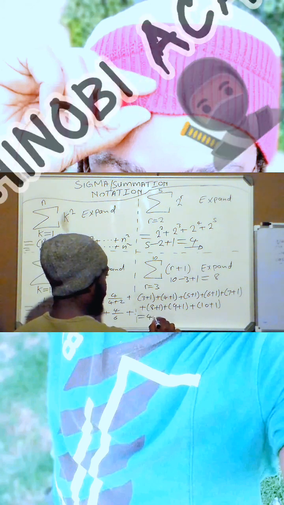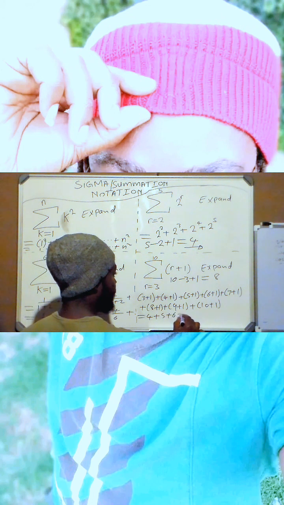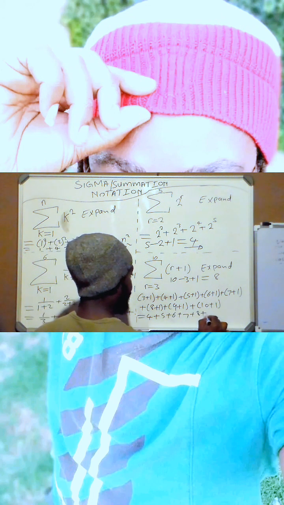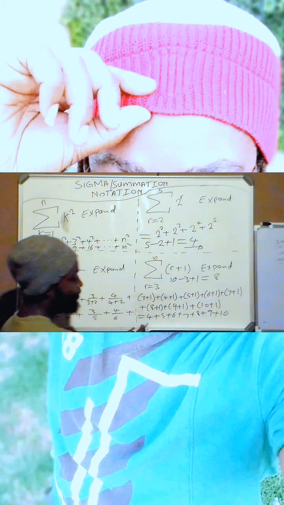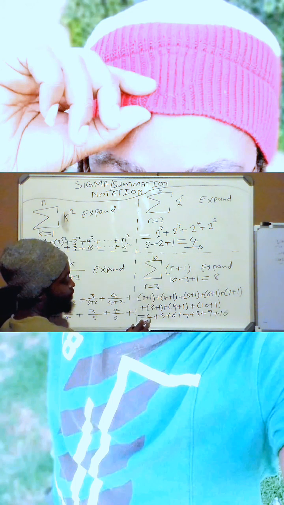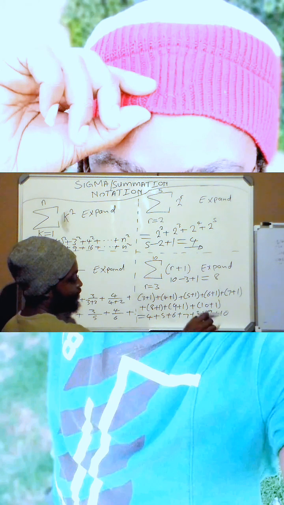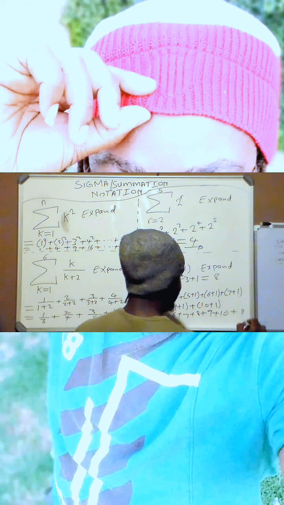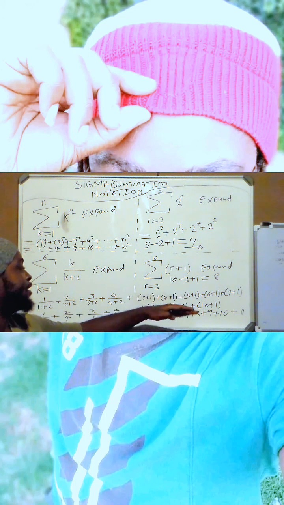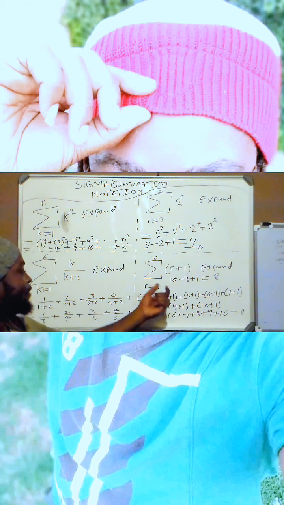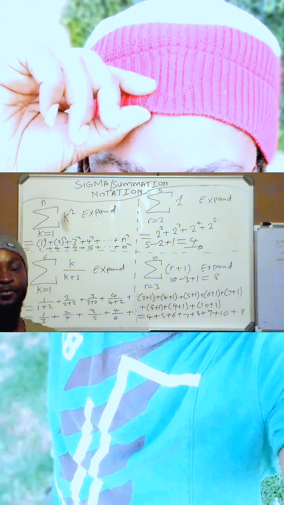This would be 4 plus 5 plus 6 plus 7 plus 8 plus 9 plus 10 plus 11. So we have summed up how many values or terms? It's 1, 2, 3, 4, 5, 6, 7. So this tells you how many terms or values you should sum up, right? Remember, we increase the index from the lower bound to the upper bound with increments of what? Of 1. Sharp.